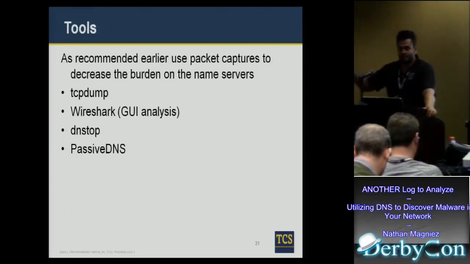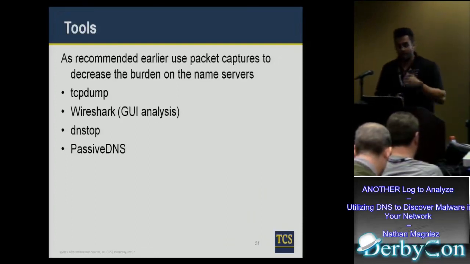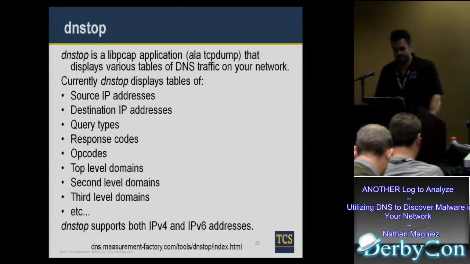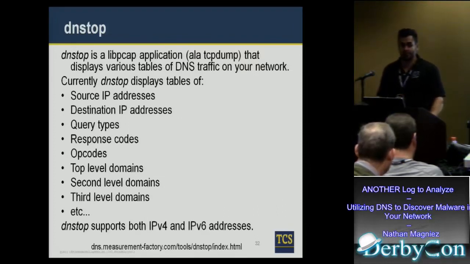So we talked about utilizing packet captures and Wireshark, but we're not going to talk about those. The ones we're going to talk about at the bottom are DNS top and passive DNS, and they both have their positives and negatives. DNS top is basically just a libpcap application. It can either read in packet captures, or you can use it to capture packets.